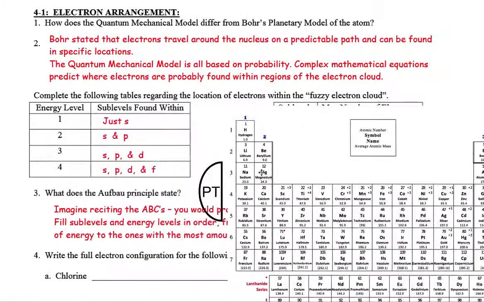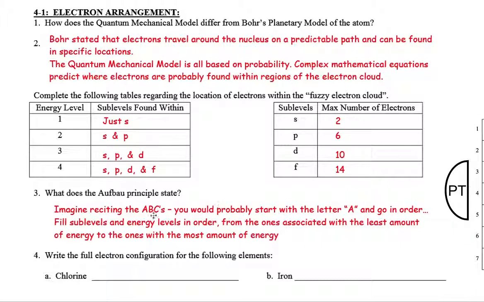Now, the Aufbau principle. If I said, start telling me the ABCs, hopefully you would start with the letter A, and you would tell me B, and then C, and D, and you would go in order. If I ask you to tell me where the electrons are, you would start with the lowest energy level.